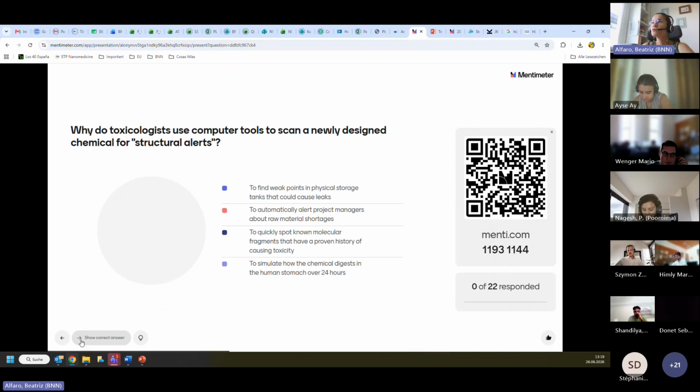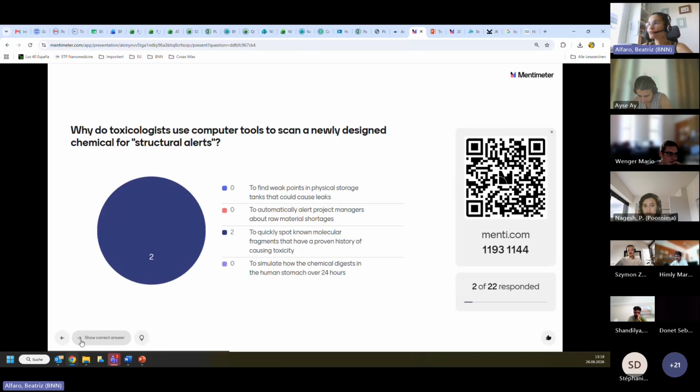Why do toxicologists use computer tools to scan a newly designed chemical for structural alerts? To find weak points in physical storage tanks that could cause leaks, to automatically alert project managers about raw material shortages, to quickly spot known molecular fragments that have a proven history of causing toxicity, or to simulate how the chemical digests in the human stomach over 24 hours?